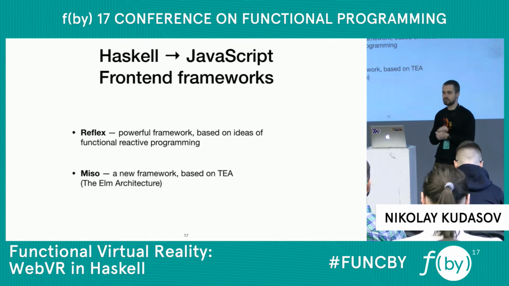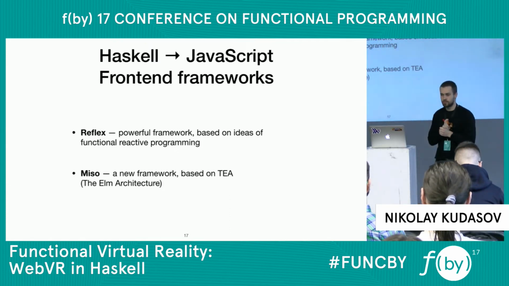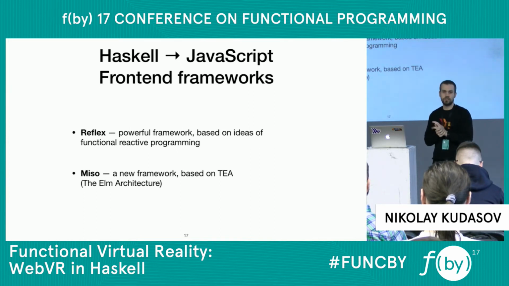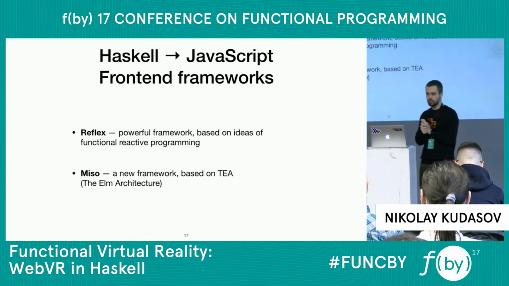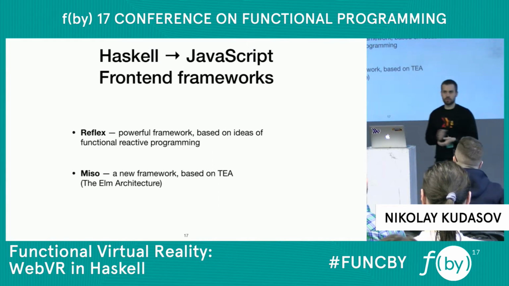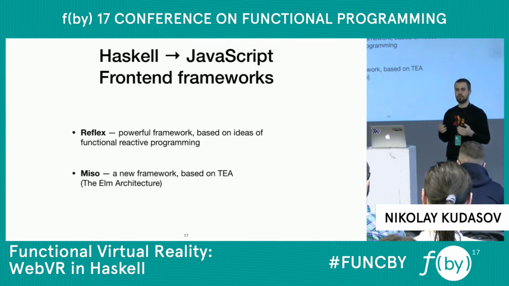It's a powerful and mature framework based on ideas of functional reactive programming. And the second is Miso. It's a fairly new framework, but it is based on the Elm architecture. If you're not familiar, Elm is very popular for front-end development lately, because of its simple architecture, its simple principles.